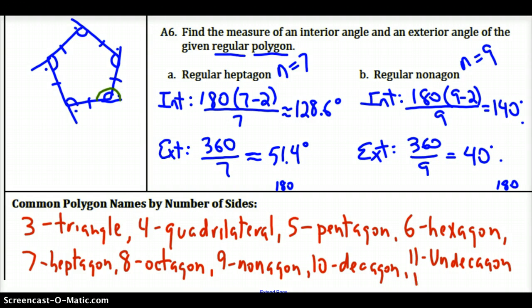And then 12 sides, dodecagon. That concludes the formal part of the lesson.